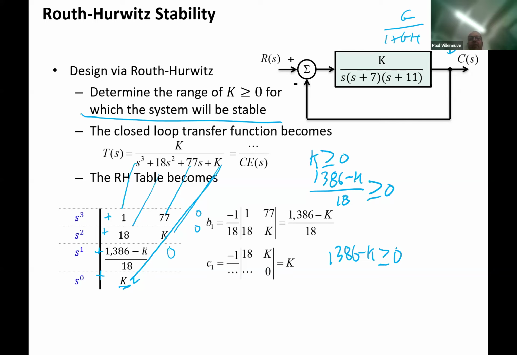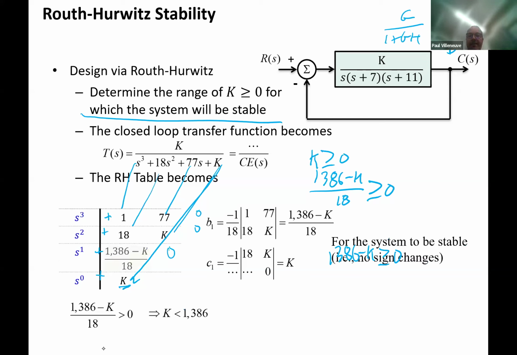But you've got to be very careful because when you start messing around, you can get really goofy numbers. So K has got to be less than 1386.